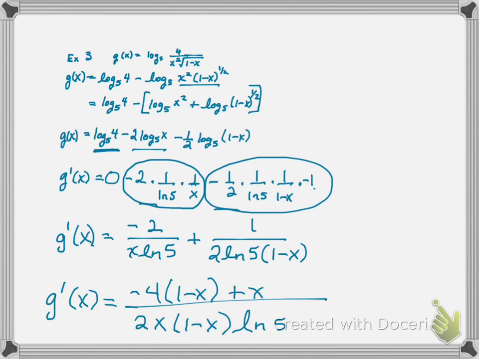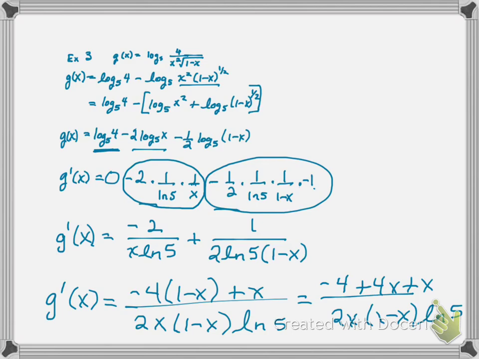And so, to simplify that just a little bit more, my numerator would be negative 4 plus 4x plus x, because I'm simply distributing this negative 4 to both of these. So now I have my denominator. You could distribute there, but I think I would probably just leave it the way it is.